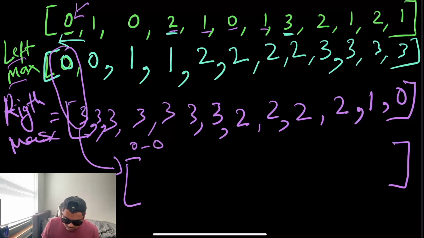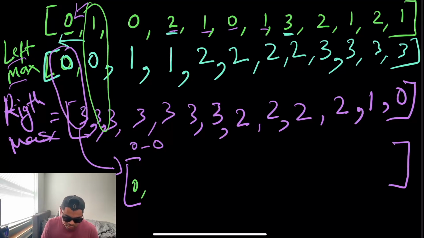It's going to be 0, and I'm only going to add it if it is positive. So let's just write down the answer. It's going to be 0 for these 3. The minimum is 0, 0 minus 1 is negative 1. I don't want to add that, so it will also be 0.